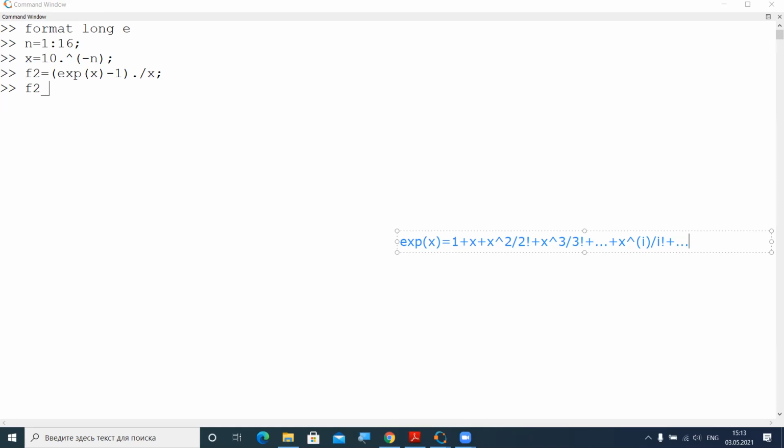Here x over 1 factorial it will be if I is 1.